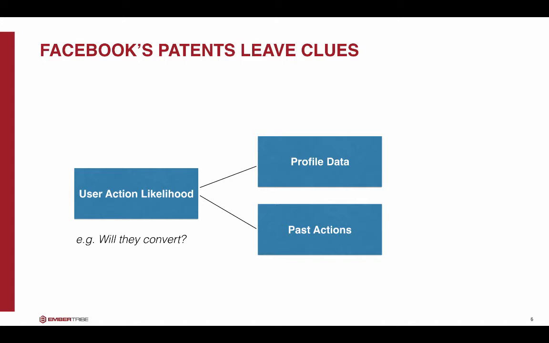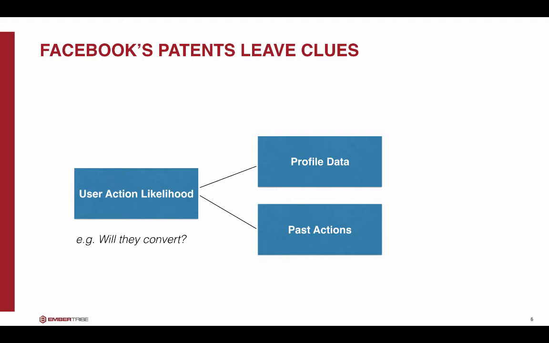All those actions are measured, and they're factored together with what they know about you as a person, and blended together to create this user action likelihood score. This score is really the basis of a lot of how they're predicting how to show your ads or who to show your ads to.